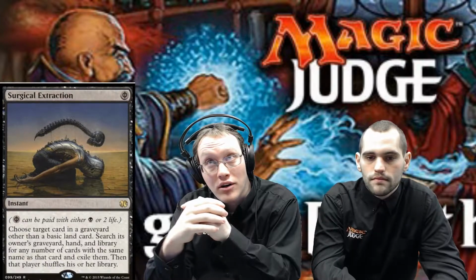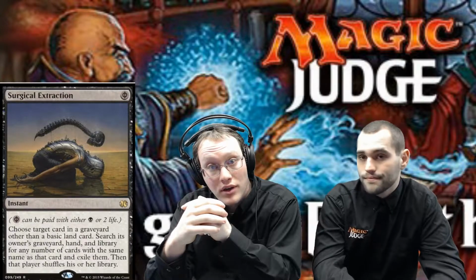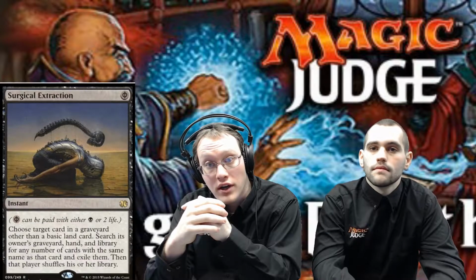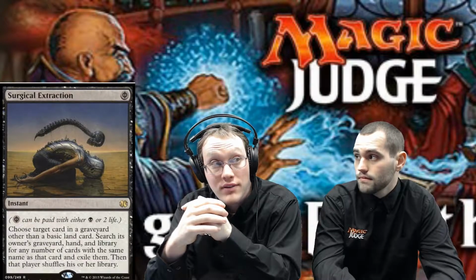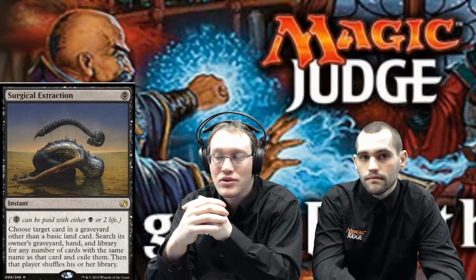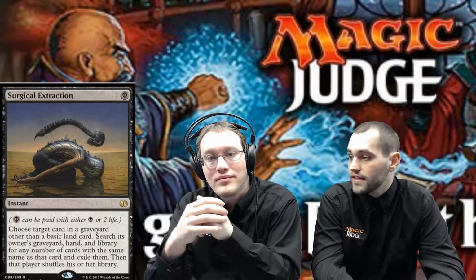Because the library is not a public zone, the characteristics of the objects in the library are not derived information, even if you can actually see all the cards in the library because those cards are revealed due to, for example, Surgical Extraction. An important distinction there is that Surgical Extraction does not state that you reveal your library.